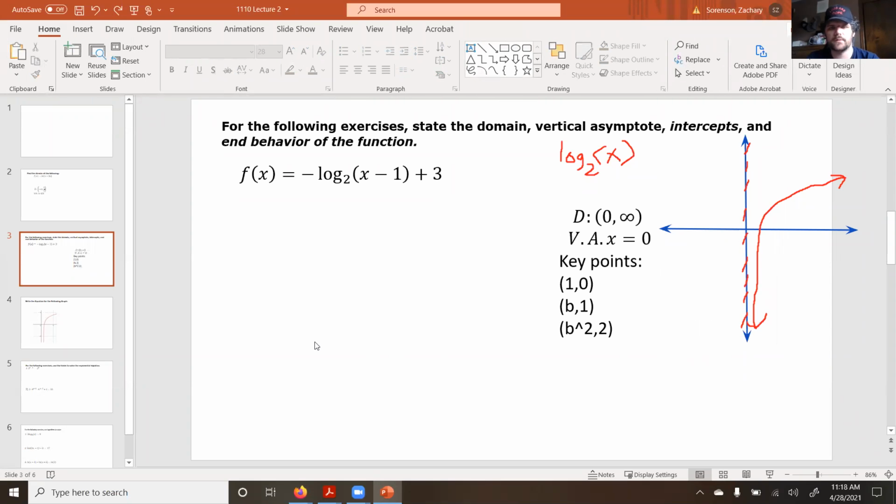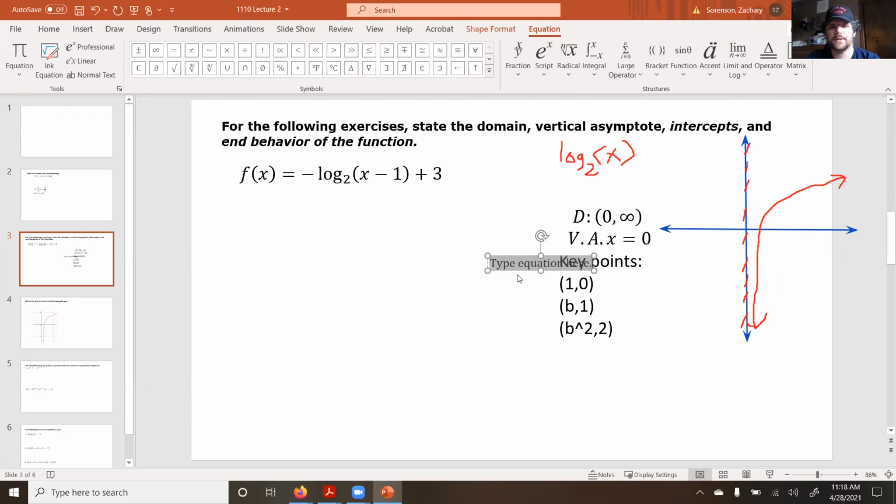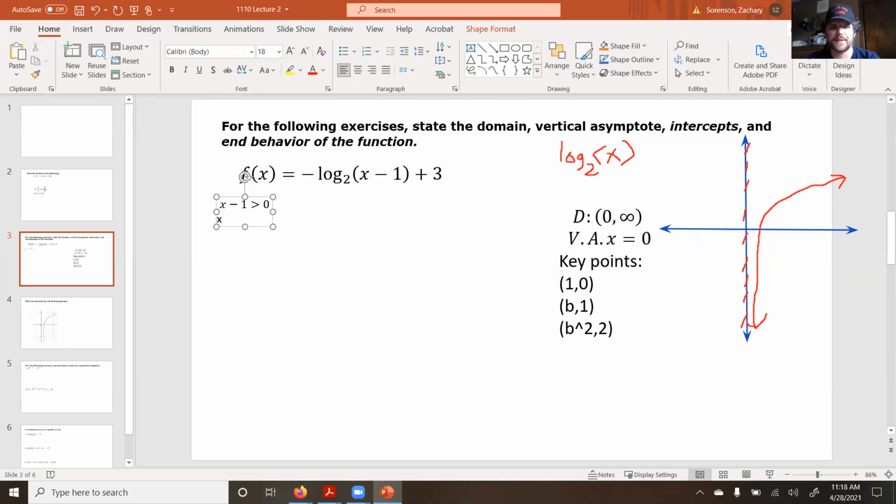What is my domain, and how do I find my domain? You take the x - 1 and set it greater than 0. Perfect. Which then becomes a 1-step process. I find x is greater than 1.